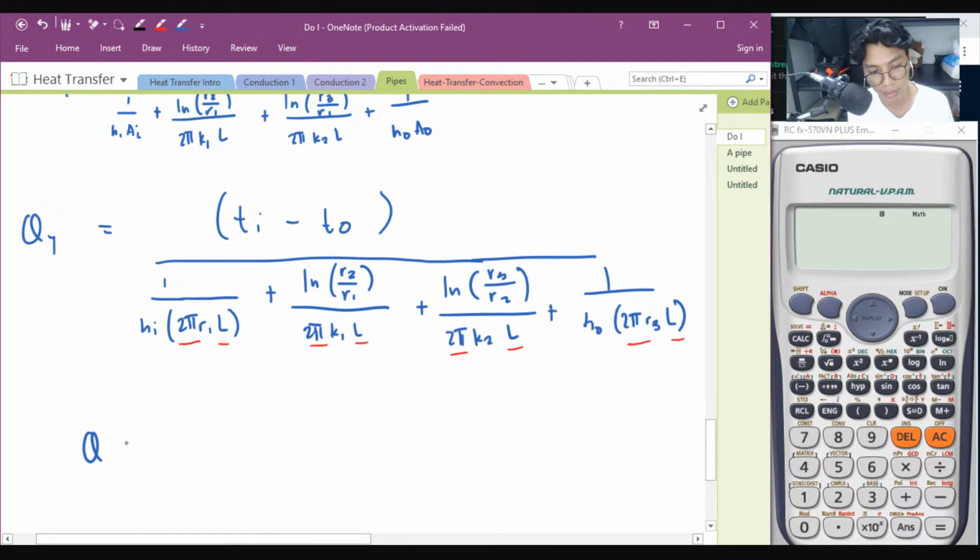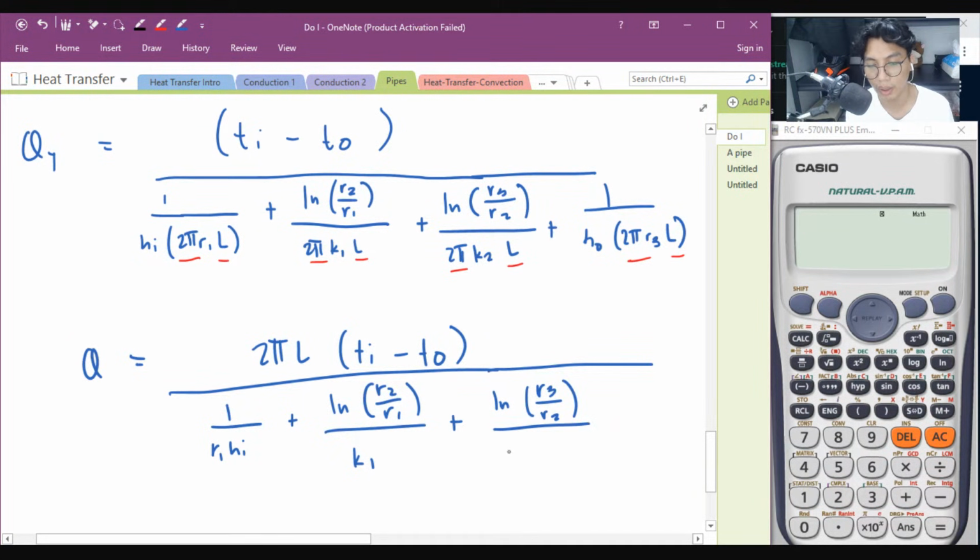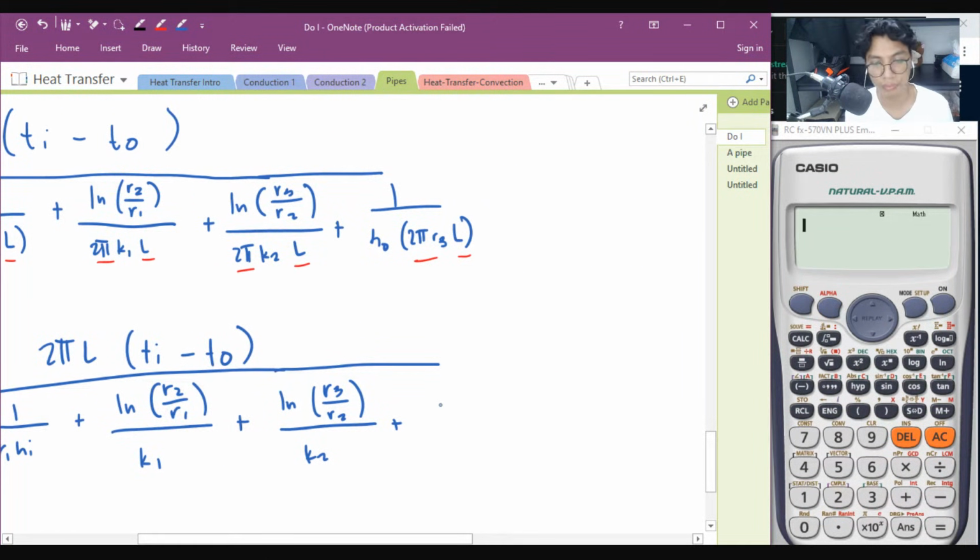So, that is Q equal to 2 pi L Ti minus To divided by 1 over, ilabas na natin R1HI plus ln ng R2 over R1 divided by K1 plus ln ng R3 over R2 over K2 plus 1 over HO tapos R3.